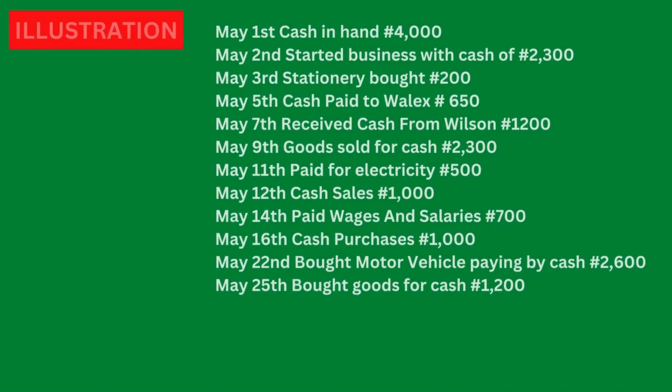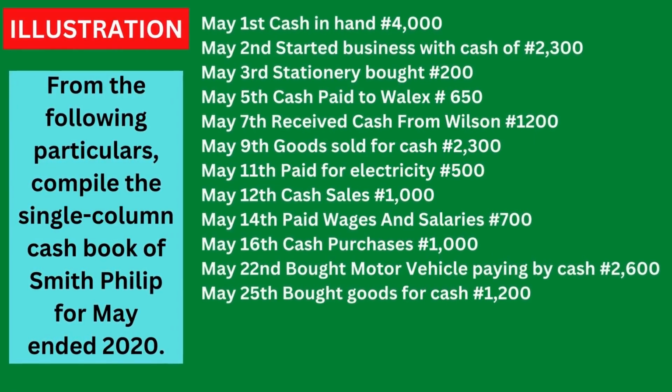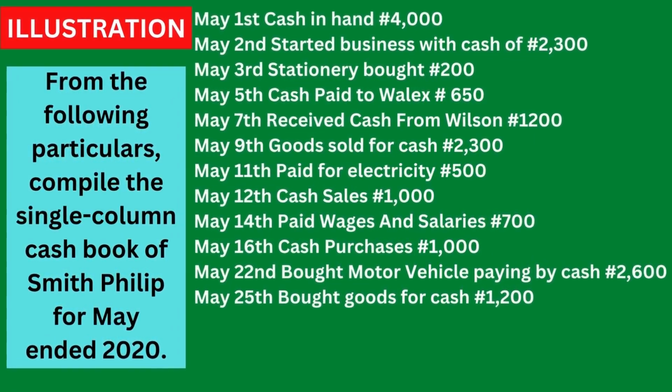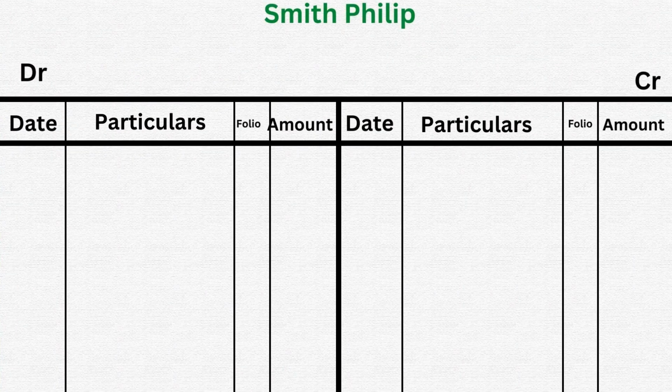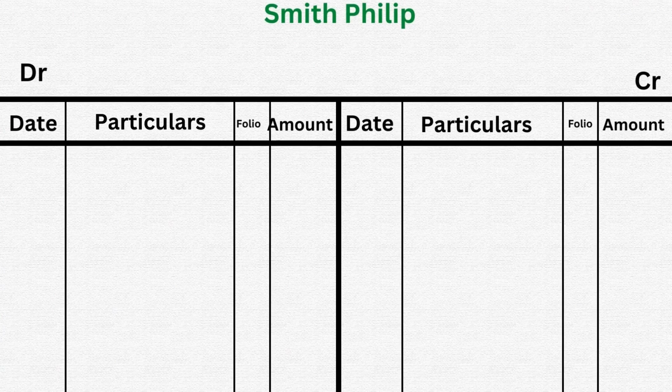Now, let's go to proper solution. Our headings for the cash book is as follows. In this illustration, we are having Smith Philip as our first W, which stands for who. Then the second W, which stands for what. What type of account are we preparing?